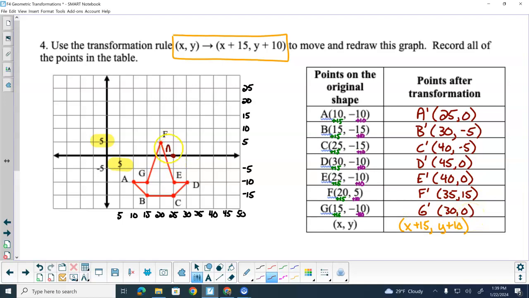So that's A prime. 30, negative 5, that would be B prime. C prime, D prime, E prime, F prime.